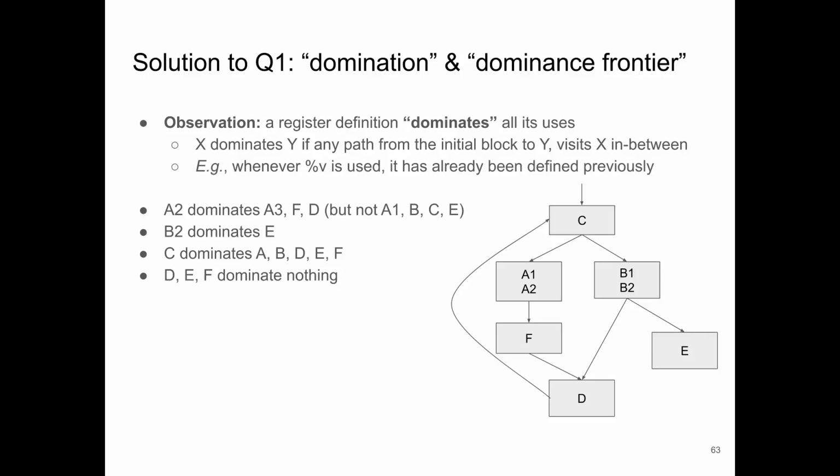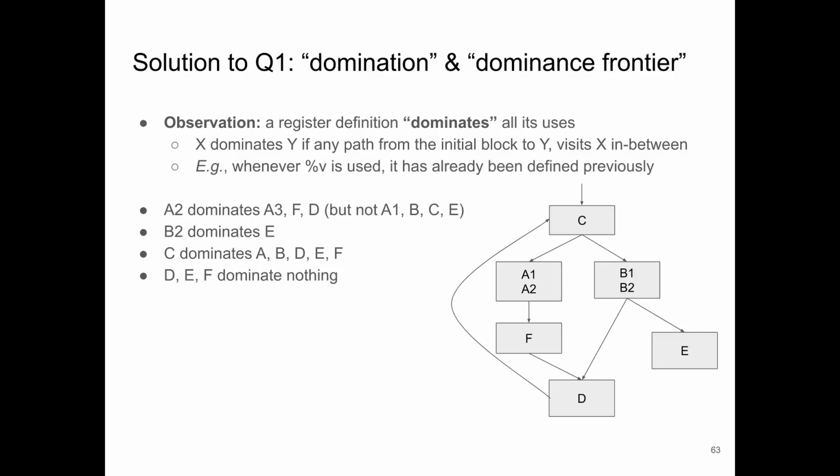Here, the observation of the IR is that for every register, let's say it is %v, its definition, where this v is defined, is always dominating all its uses.